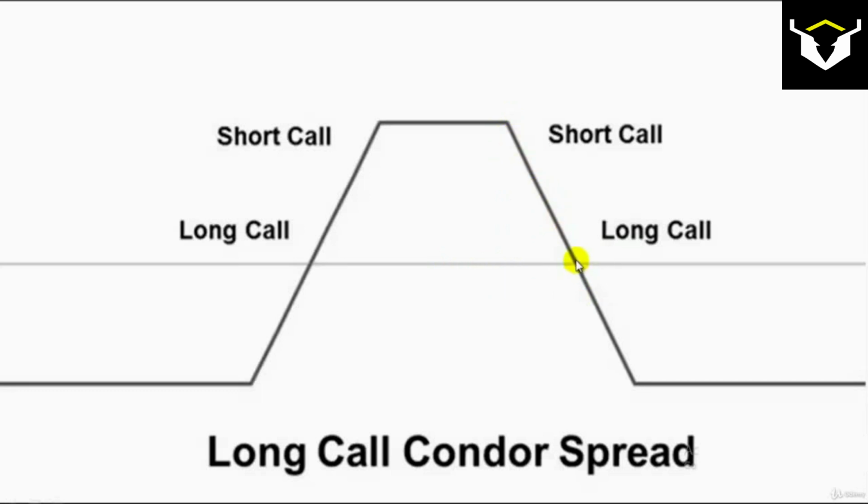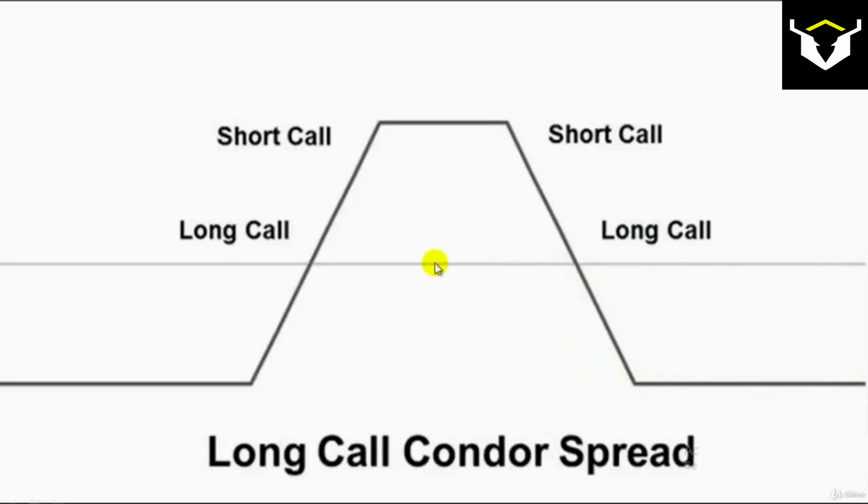At the point of the long call, the trader will have a break-even point, where the losses from the short calls will equal the profit from the long calls. But beyond that point he will continue to generate losses, and if the market continues to go up, his losses will max out and he will not make any more losses.